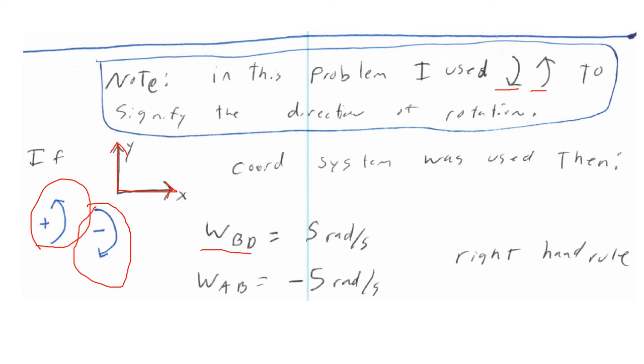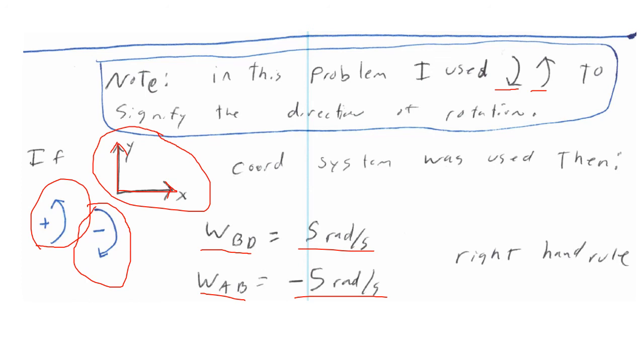So therefore, omega BD is equal to 5.3 radians per second, and omega AB is equal to negative 5.3 radians per second. Now, the reason I didn't do this is because I wanted to illustrate a point that your sign convention changes based upon what your chosen coordinate system is. So this really makes it crucial that when you choose your coordinate system, you label it and you stick with it, because it's going to affect your final answer.